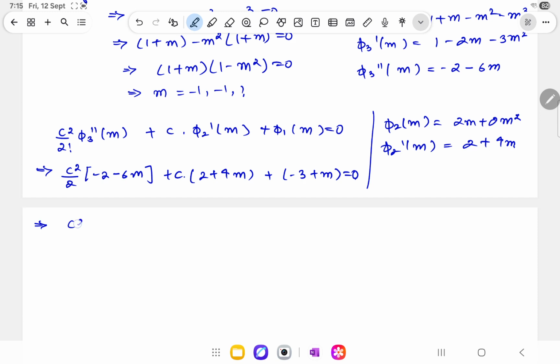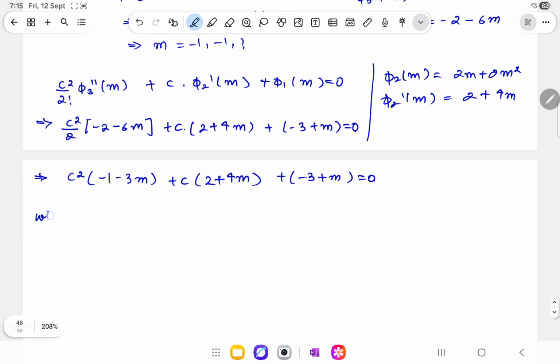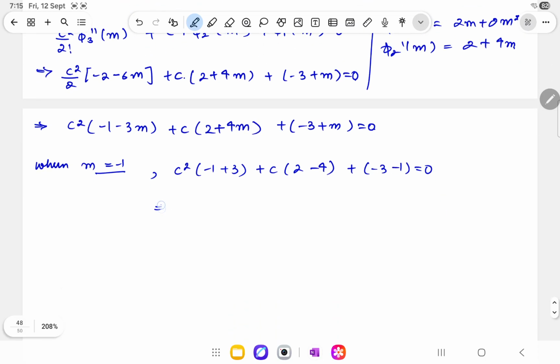So when my m is minus 1, c square into minus 1 plus 3, plus c into 2 minus 4, plus minus 3 minus 1 equals 0. From here I got 2c square minus 2c minus 4 equals 0. So this gives me c square minus c minus 2 equals 0.